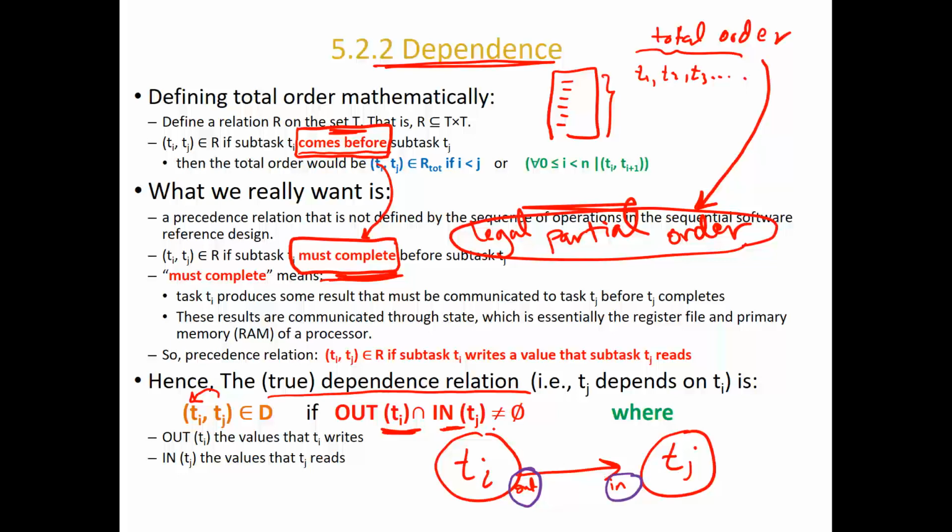If this set is not empty, then we say that instruction Tj depends on instruction Ti, and this becomes part of the dependence relationship.